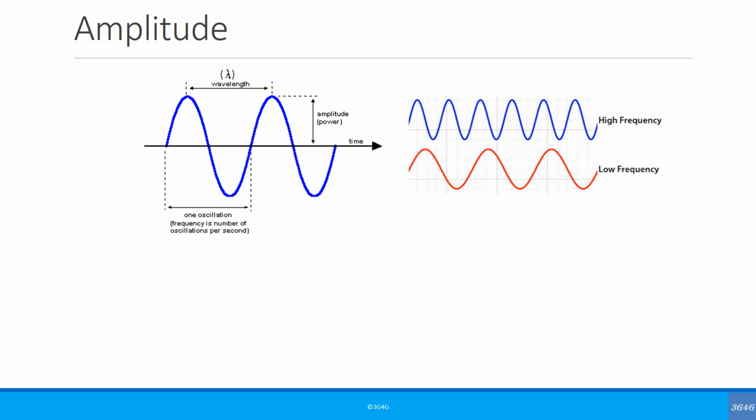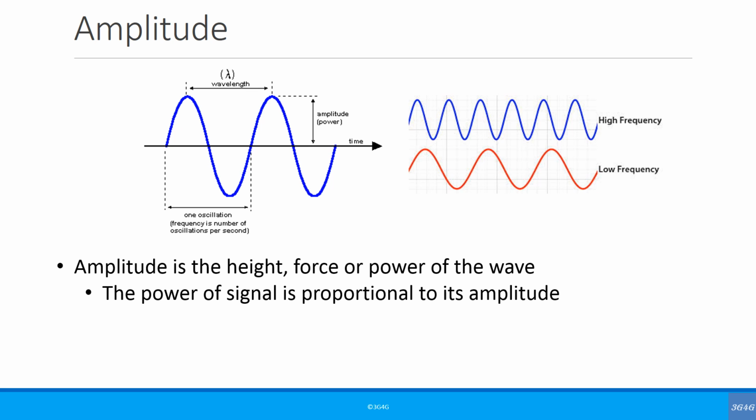So what exactly is amplitude? Amplitude is the height, force or power of the wave. So the greater the power, the more the amplitude. When I'm speaking, if I speak loudly, it means it has more amplitude. If I speak slowly, without much amplitude, then you can hardly hear me.